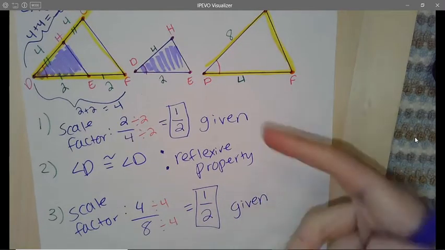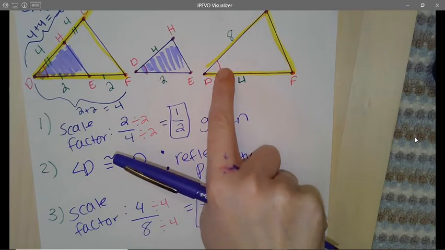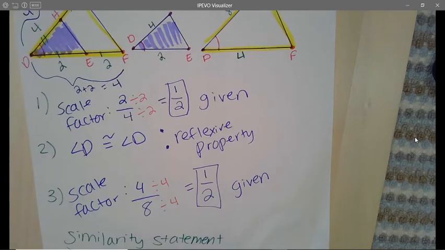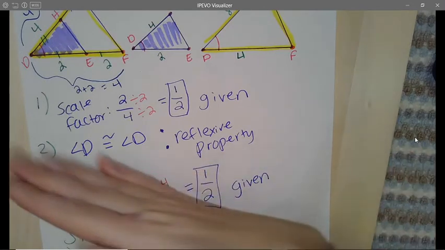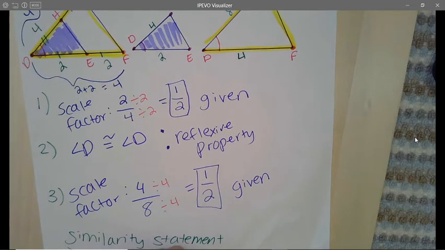So I have proven that two sides are proportionate and the angle in between the two sides is congruent. So guess what, you guys? These two triangles are similar by SAS similarity. So let's go ahead and write our similarity statement. I'm going to say triangle HDE is similar to triangle.